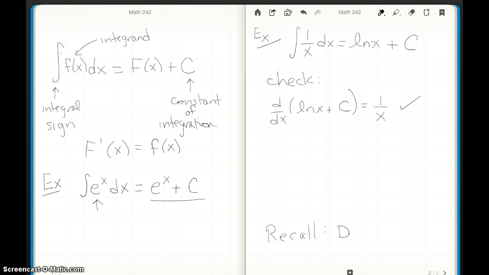Okay, so the domain of ln x is x has to be positive, right? And that's important because we don't know anything about this x. It could be positive, it could be negative. We know it can't be 0, so that's good to satisfy our domain of this guy over here, right?